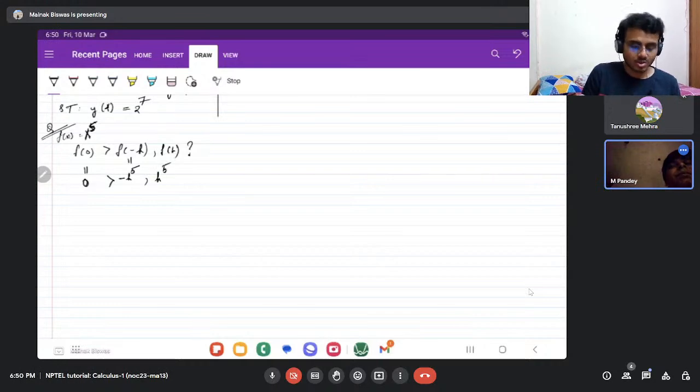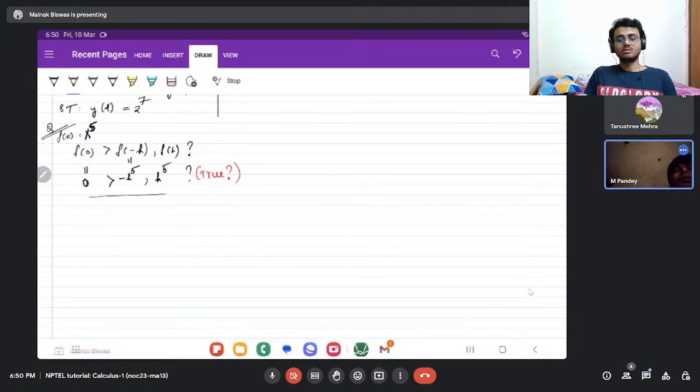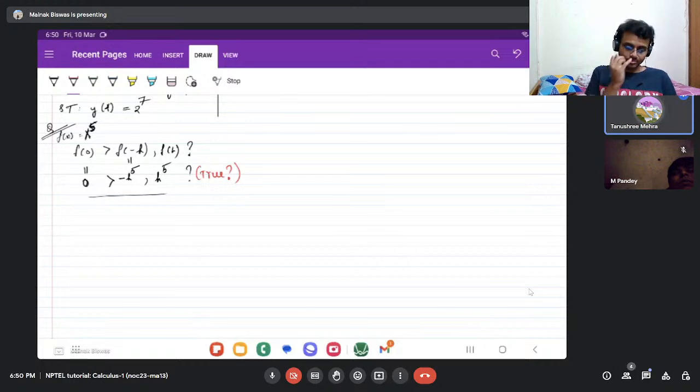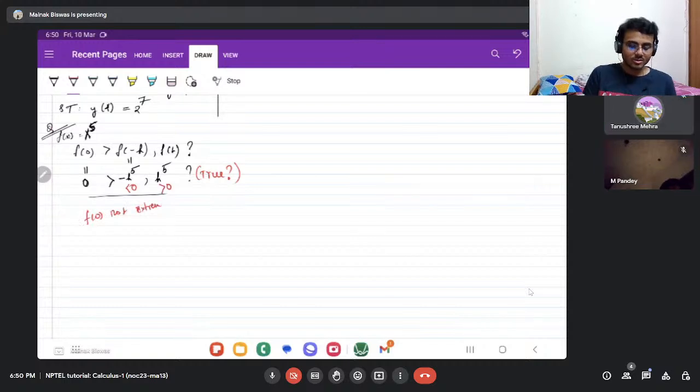So is this true? No, sir. Why is it not true? Because minus h raised to 5 is less than 0. Correct. So f of 0 is not an extrema, right? And this is greater than 0. So 0 is between minus h to the power 5 and h to the power 5.